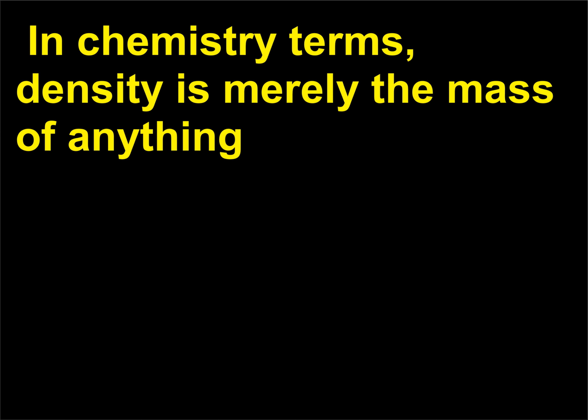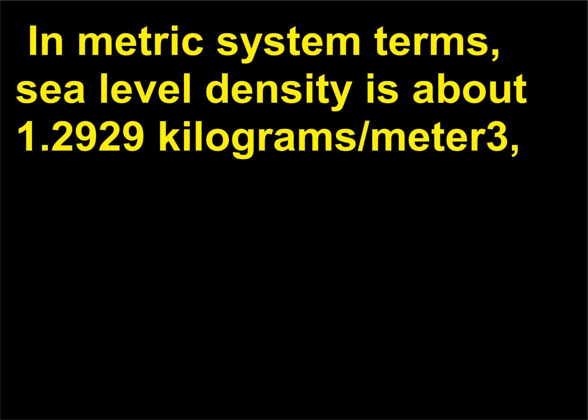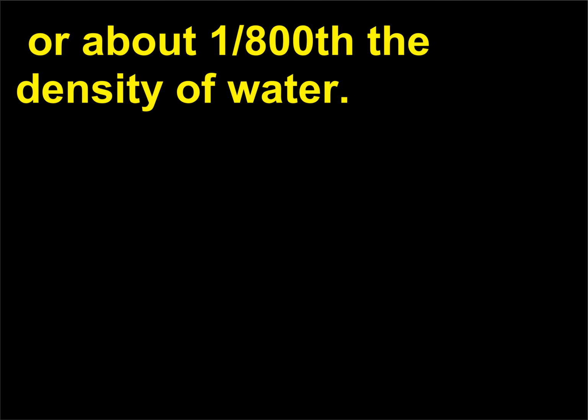For example, the density of dry air at sea level is high, mainly due to the pull of gravity. In metric system terms, sea level density is about 1.2929 kg/m3, or about 1/800th the density of water.